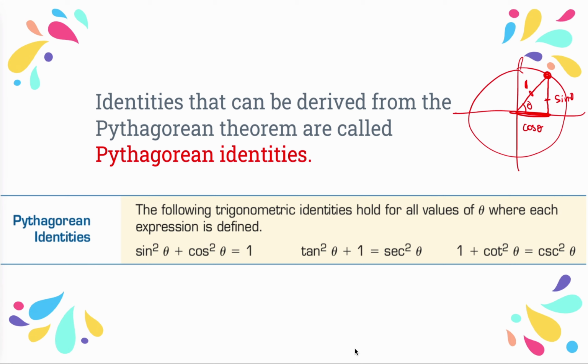That's why it's called the unit circle. And if you do the Pythagorean theorem, cosine squared plus sine squared equals 1, and that is the first of the Pythagorean identities.